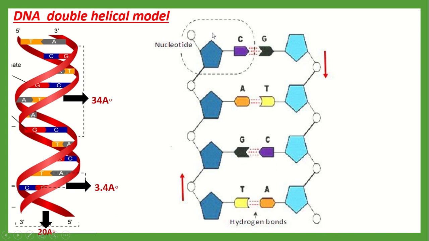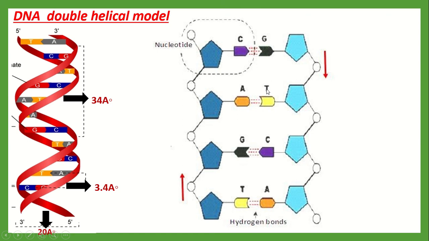Here is C. If one strand consists of C, that means cytosine, the other strand is connected with guanine by 3 hydrogen bonds. Okay, everybody see here. A, that means adenine, connects with thymine of the other strand by 2 hydrogen bonds. There are 4 types of nitrogen base in DNA: adenine, guanine, cytosine and thymine.